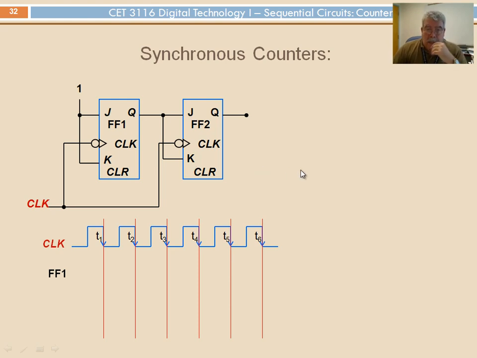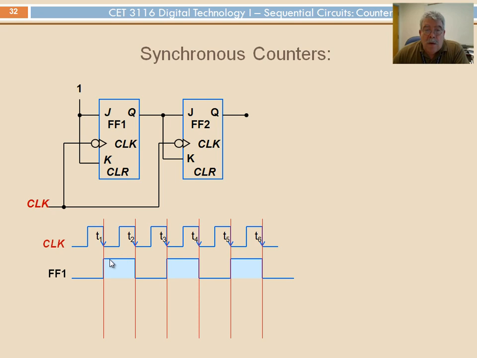So this is the case of the first flip-flop, which is the same thing we've seen in all the counters, in the ripple counter that we studied. This is nothing different, exactly the same. The output of the flip-flop goes 0, 1, and then toggles to 0, and then toggles again, and so on and so forth.